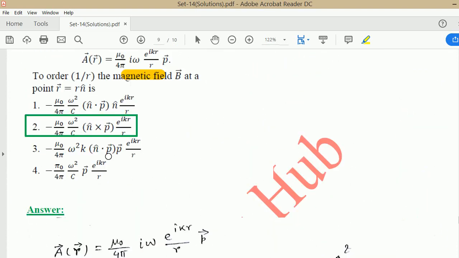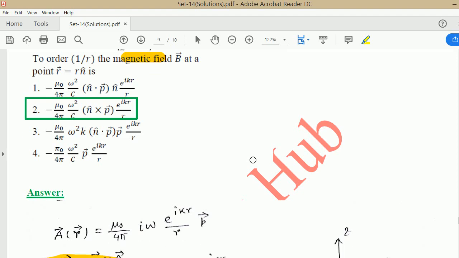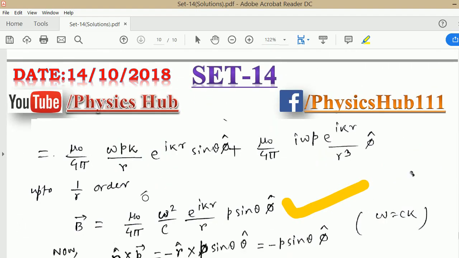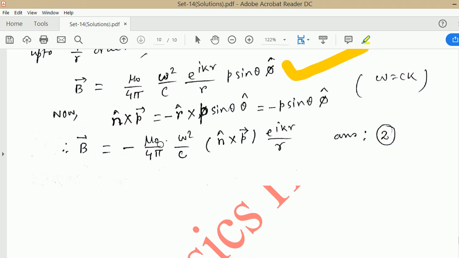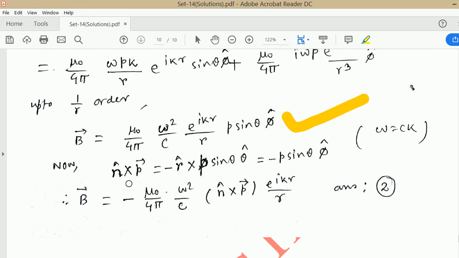In the options we got n cap cross p, n dot p. So we'll try n cap cross p. N cap is r cap, and p is, so n cap cross p is minus r cap cross p sin theta theta cap. Look why it is so.